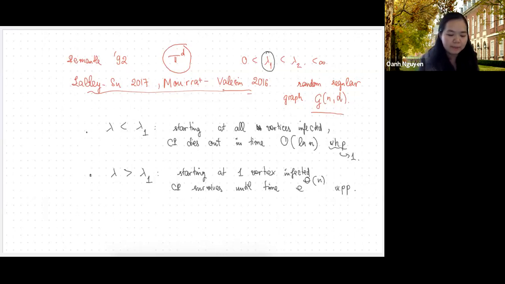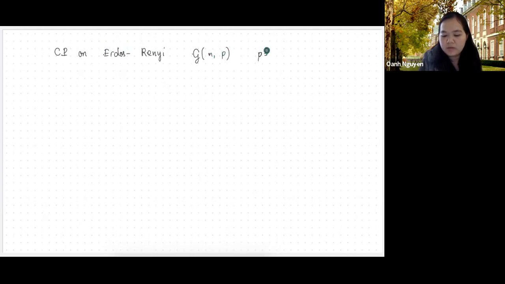For our results as well, in the previous pages I explained our result for the Galton-Watson tree, and that will actually help us in the study of the contact process on Erdős-Rényi graphs G(n,p), where p is d over n and d is larger than 1, meaning in the case when there is a giant component.